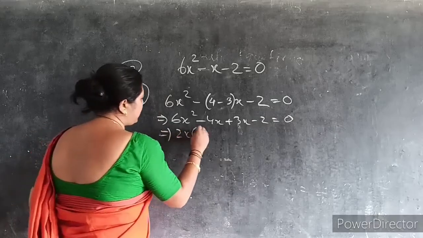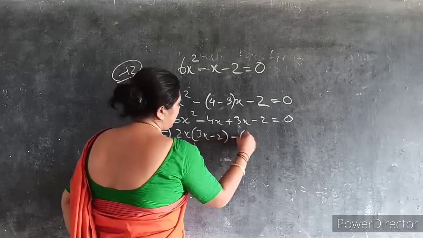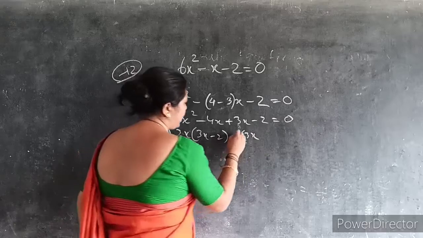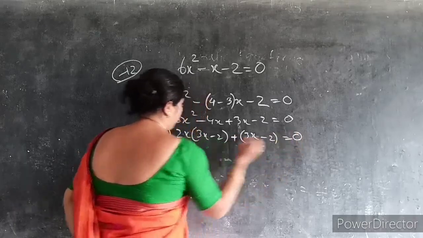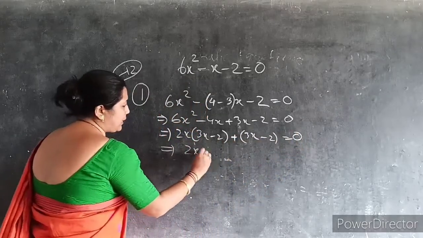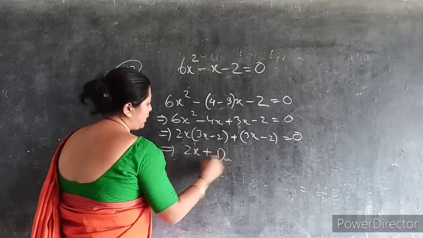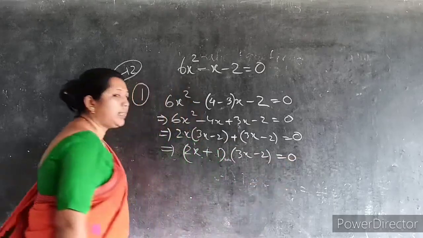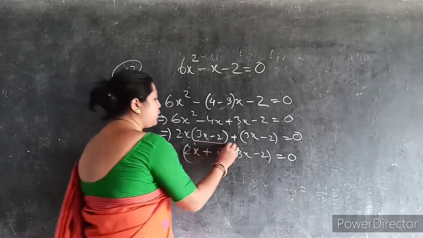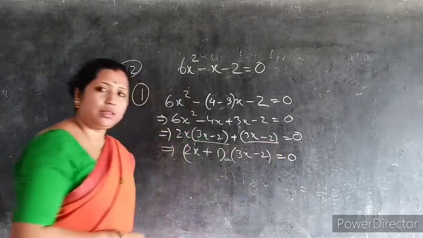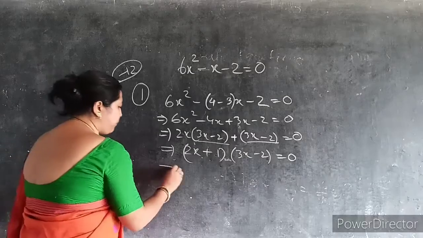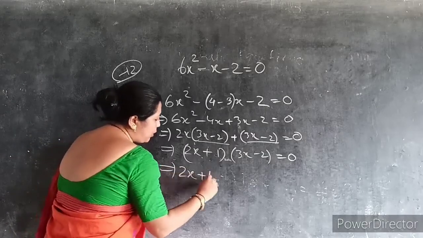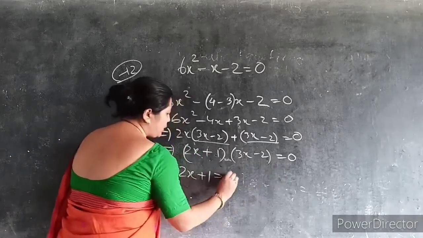If I take common here, 3x minus 2 and take this one, so (2x plus 1) or (3x minus 2) equal to 0. In middle term splitting, we always know that when you take common, the value must be the same. Now compare each part with equal to 0.